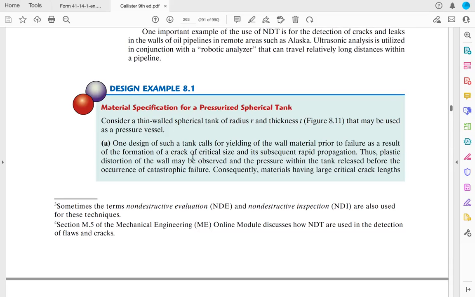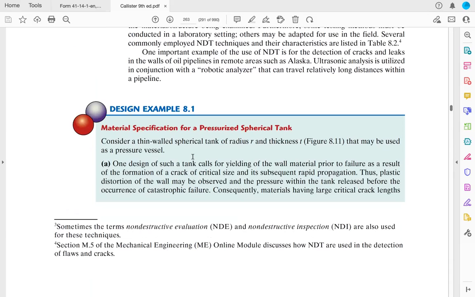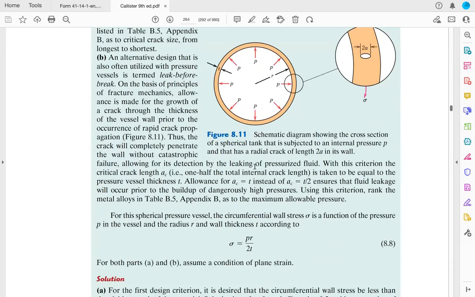The first design is leak before fracture. Actually, we want to have a formation of critical size.